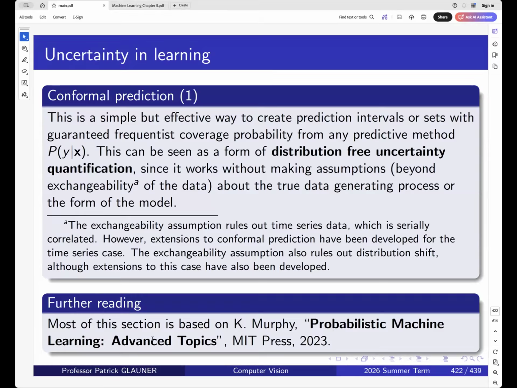The second one, the Advanced Topics book, covers at least a little bit of uncertainty in learning, and in particular conformal prediction. What I'm showing you is just the essence of what the book says about conformal prediction. So I've put the reference here. And with that, I can switch back to my iPad.